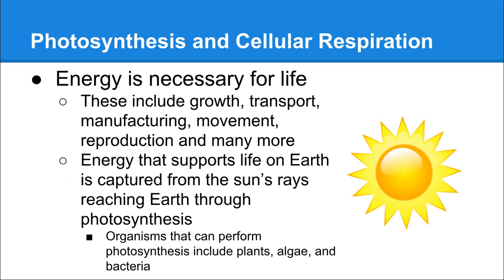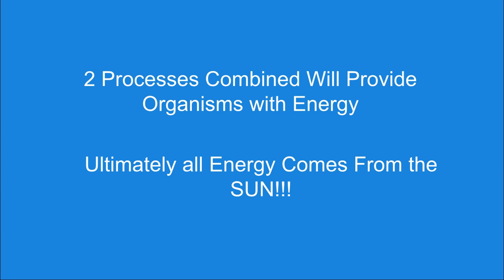Organisms that can perform photosynthesis include plants, algae, and bacteria, and we often call these producers. They change radiant energy into chemical energy, which is a sugar. The two processes combined provide organisms with energy, and ultimately all energy comes from the sun.